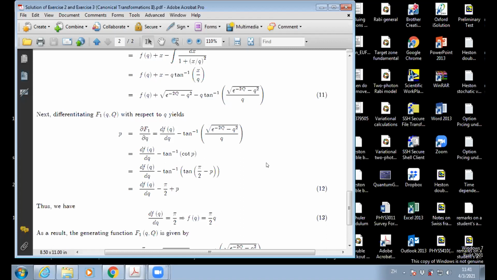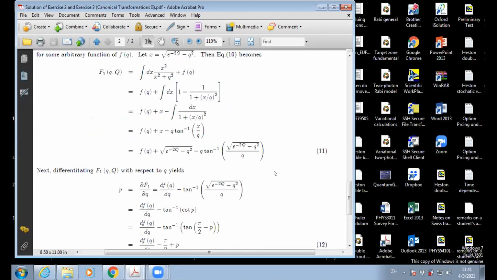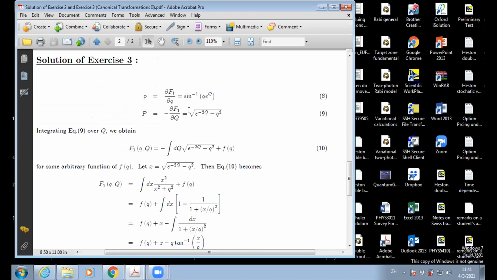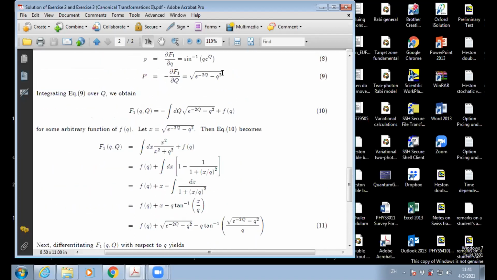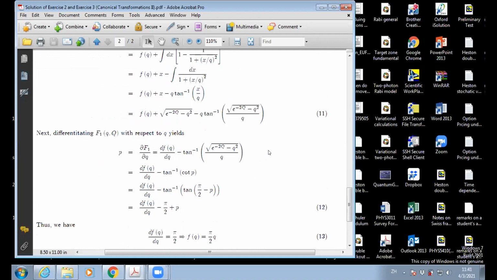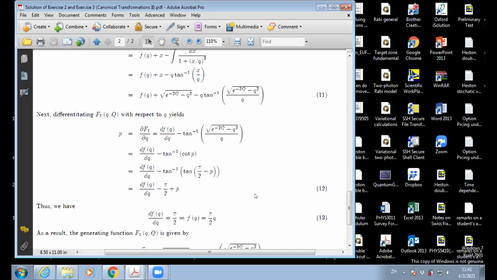And we put back the definitions for the P here. Then we realize that this is the cotangent of small p. Cotangent of small p is equal to the tangent of pi over 2 minus p. In other words, the arctangent of this tangent function will give you the angle, the argument.